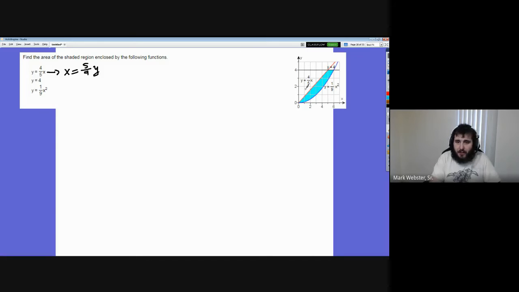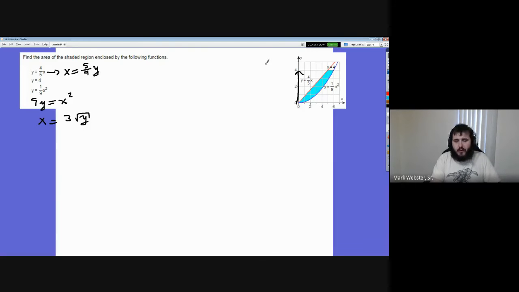Our bounds of integration are going to be from 0 to 4. That's good. And then this one, let's actually physically write this out and then square root both sides. x equals 9 square rooted is 3, and then the radical y is still in there. So these are our two.